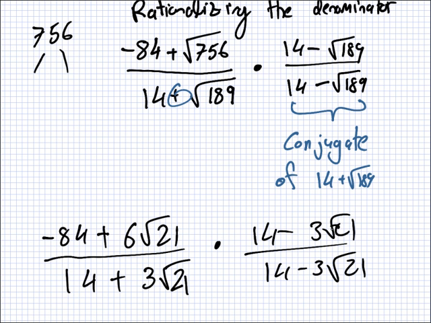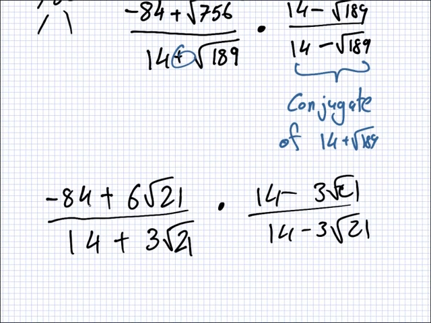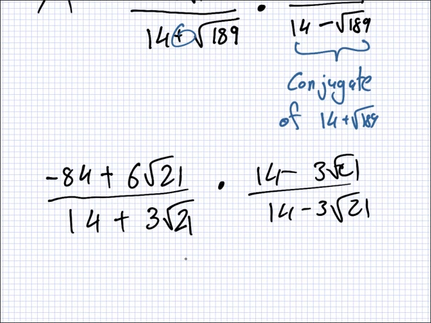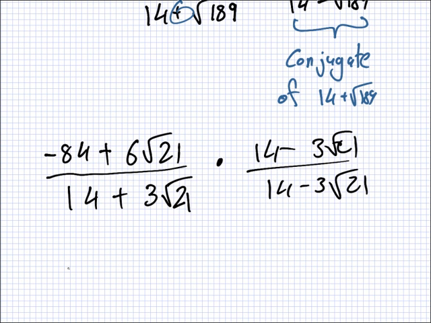Now look what happens when we multiply. Let's multiply the top first. We definitely need our calculator here. 84 times 14, please. 1,176 with a minus. 84 times 3 is 252, so 252 root 21, and then 6 times 14, 84 root 21.